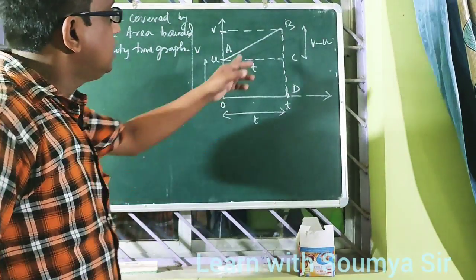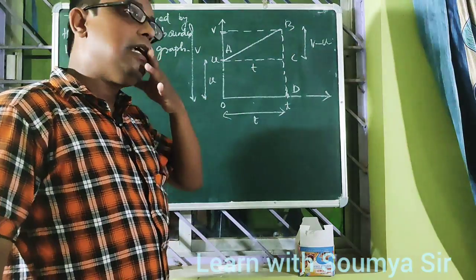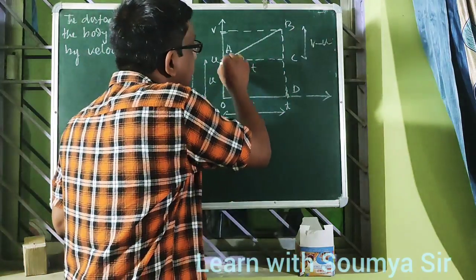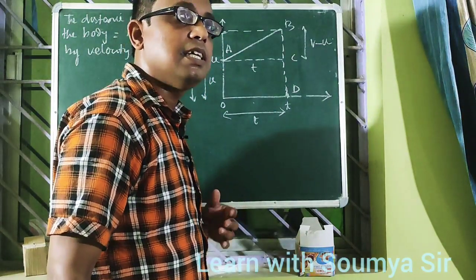Now see, this is the velocity time graph AB. What is the area bounded? This is the area OABD. This is the area bounded by the velocity time graph.